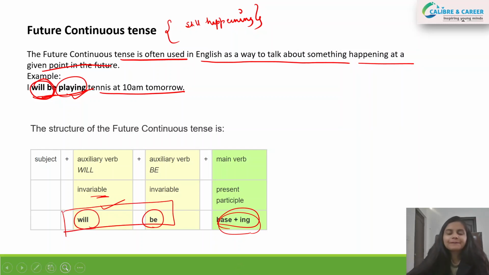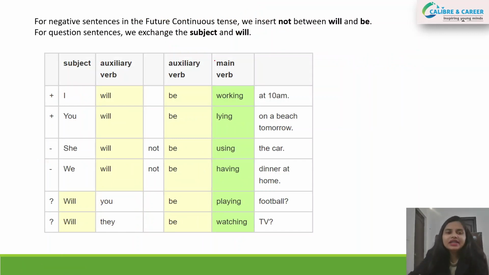Now, negative sentences, question sentences and positive sentences: how will you use will in the future continuous tense? For negative sentences in the future continuous tense, we insert not between will and be. You will not say will be not, this is totally incorrect.